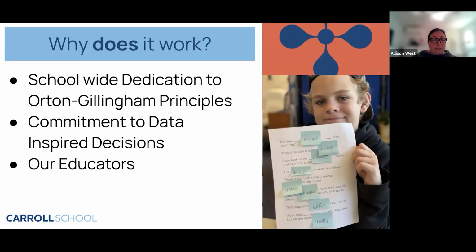Now, that data helps us know the how and what to teach. It also helps us track the growth and the lagging skills that we need to be paying closer attention to. But what's really important for me to emphasize is that focus areas don't work in isolation. They are really and truly an ingredient in the whole casserole that is Carroll.